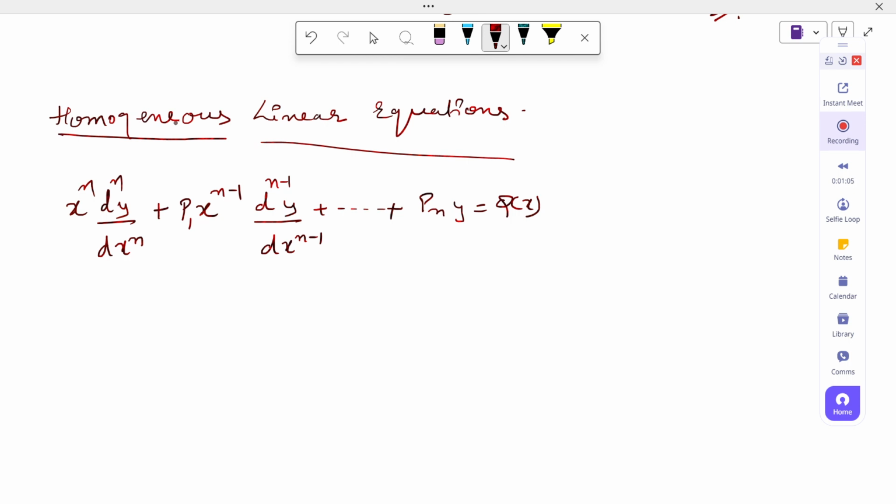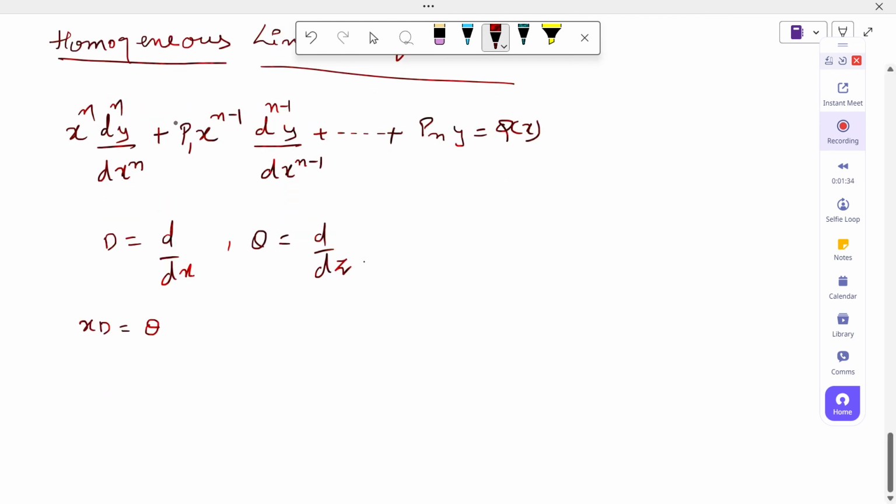This is known as a homogeneous linear equation, where we have to substitute x into d equals theta, where d stands for d by dx and theta stands for d by dz. So if it is in the form of x into d, we have to write it as theta.